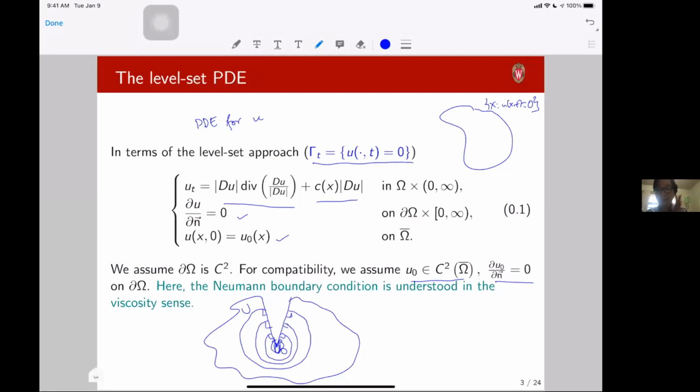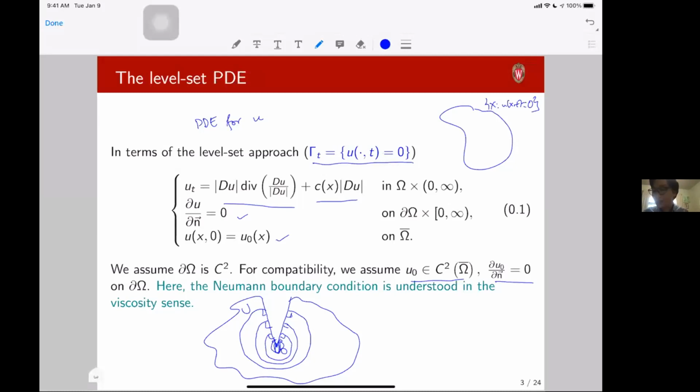Maybe it's going to split into two or so, and therefore the Neumann boundary condition has to be understood in the weak sense, because we want to consider the equation past singularities for all time. So that's why I think this is interesting.